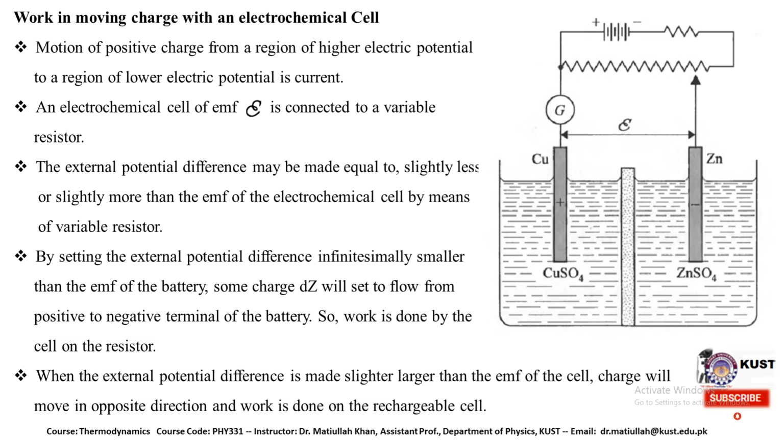Work is done by the cell on the resistor, or work is done on the cell by the resistor. In the first case, when the external potential difference is made slightly larger than the EMF of the cell, charge will move in the opposite direction and work is done on the rechargeable cell. So we again have positive and negative work done in this case.